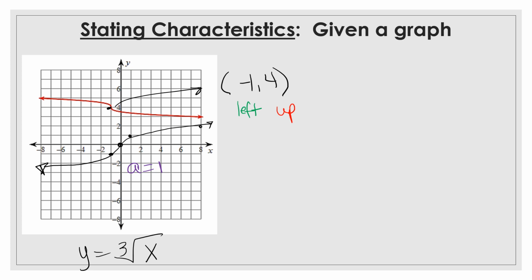No. It looks like it's going about halfway, because it's right smack dab in between. So our a value is going down, so that's negative, and not a full 1 unit, but half of a unit. So this one reflects over the x-axis as well as having a vertical shrink of 1/2.